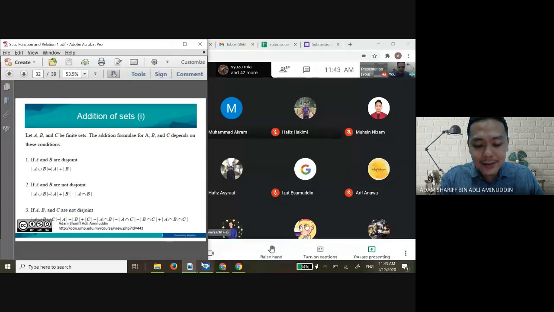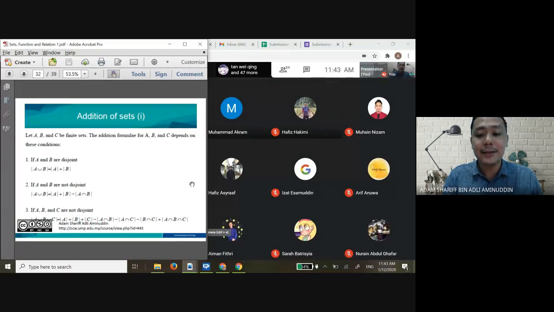The dangerous thing about this formula, okay, this is correct. If the set is A and B, then the cardinality of A union B is the cardinality of A plus B minus A intersect B. Cardinality ni dia tanya jumlah. Bahaya bila student assume this thing. Mana whiteboard saya?